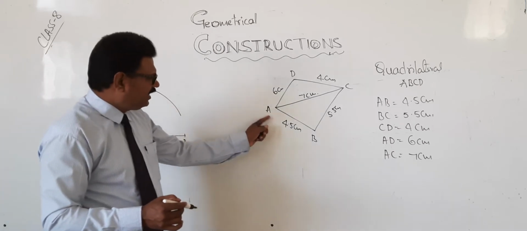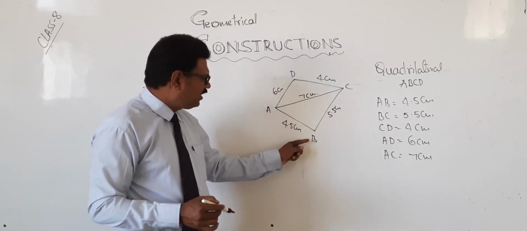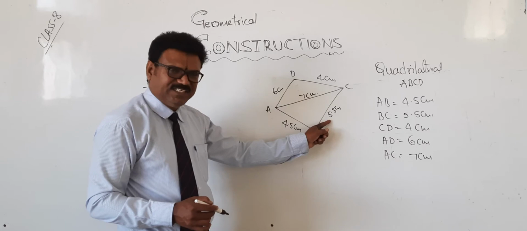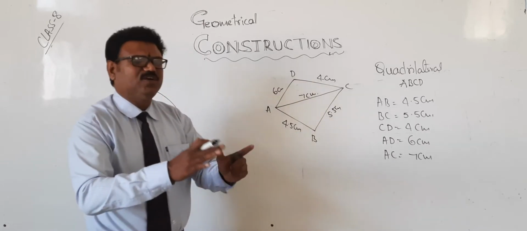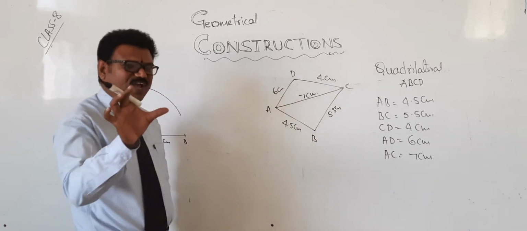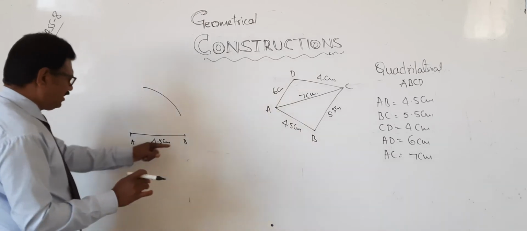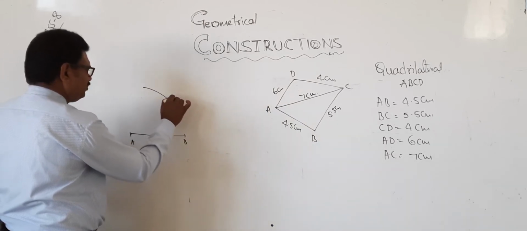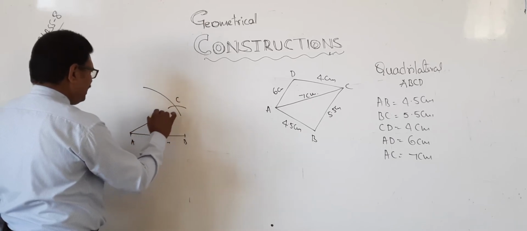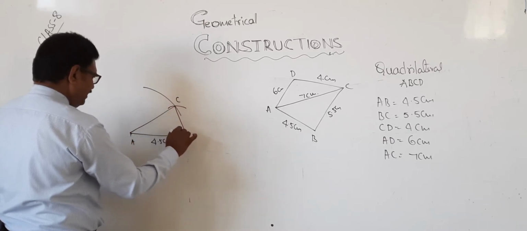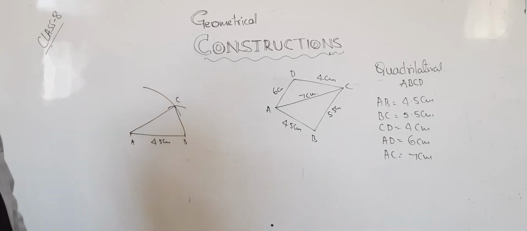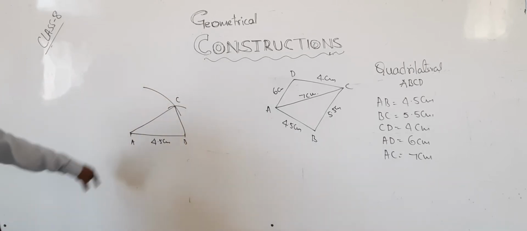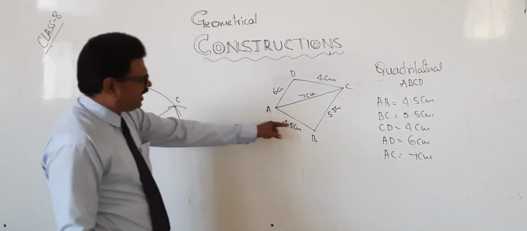Now AC over, AB over, BC is there. BC is 5.5. Take your compass again, take 5.5 centimeter radius, keep on B and cut this arc. That point is C. Now join AC and BC. Now this triangle part is over.